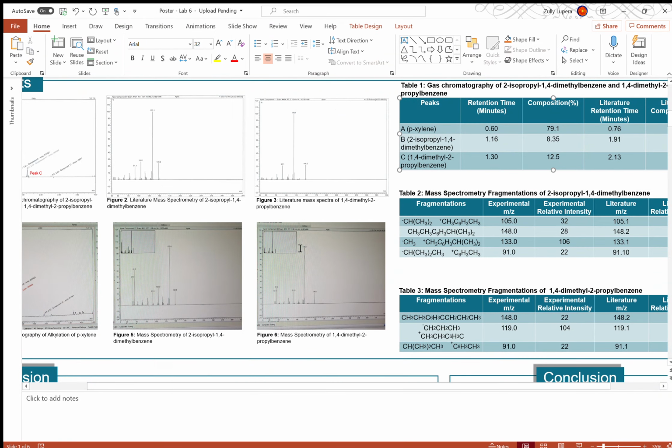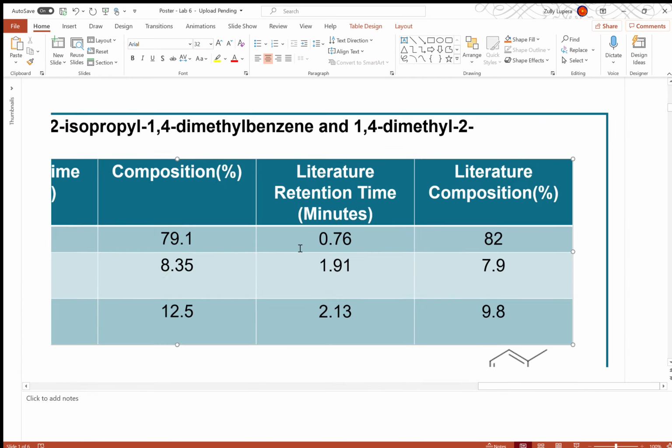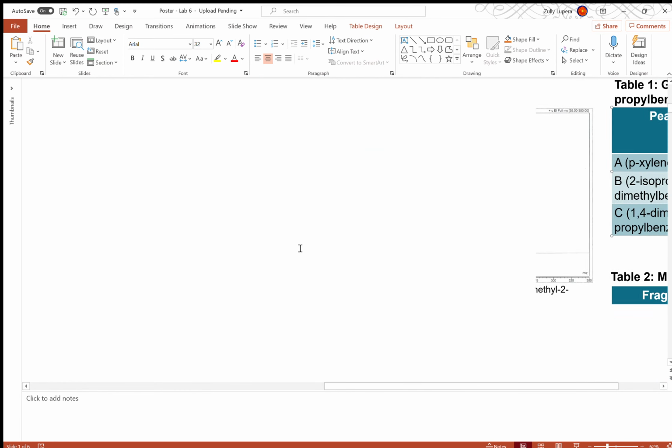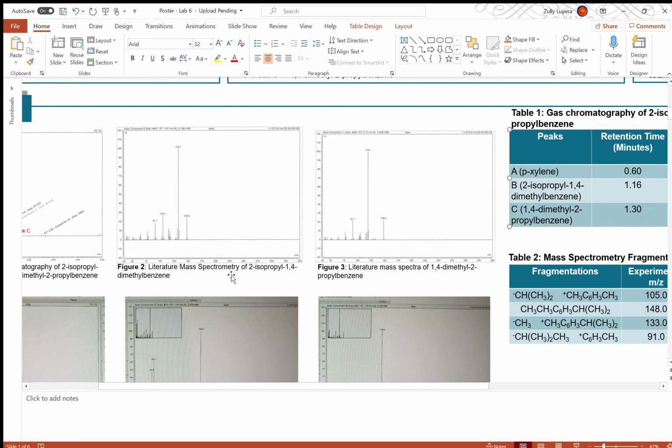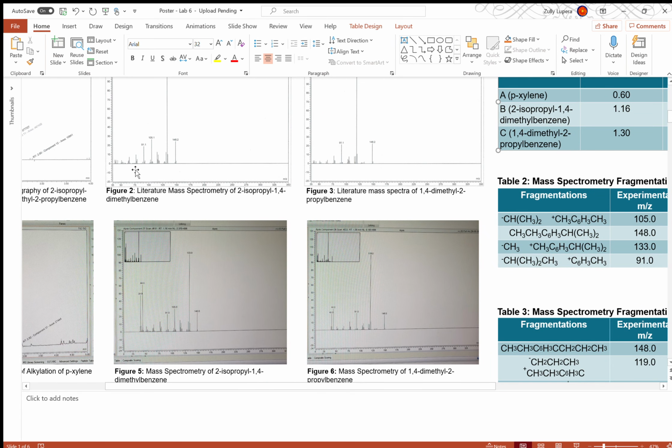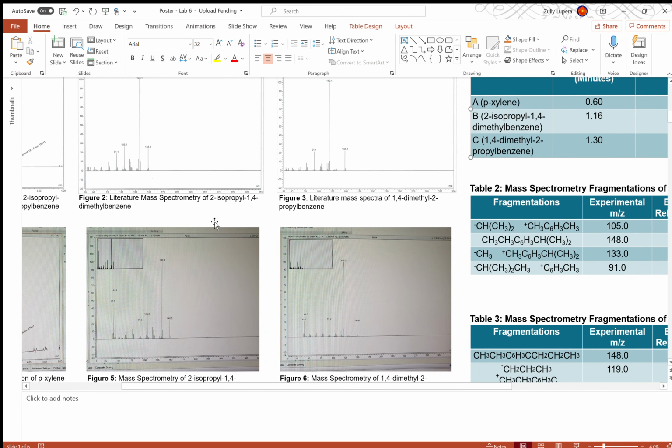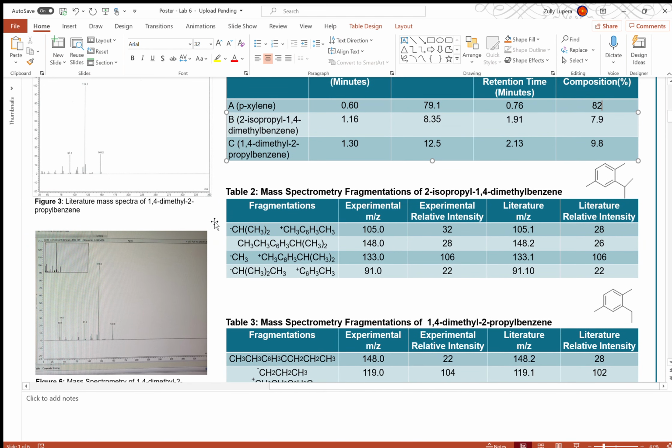Then we can go ahead and see figures 2 and 5, which are both the mass spectrometry of 2-isopropyl 1,4-dimethylbenzene, or peak B. And we can see on table 2 we have an experimental MZ of 105.0, which is very close to the literature MZ value of 105.1.